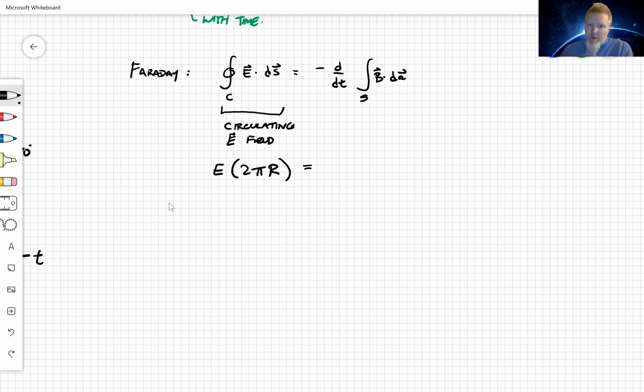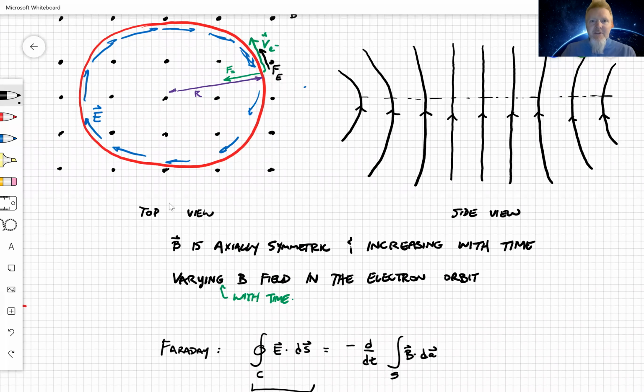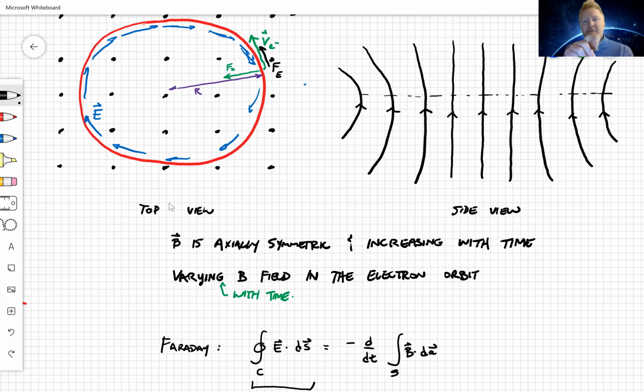So what about this negative time rate of change of B dot dA? In order to really do this flux integral, I would need to know what the function of the field was in space, and whether it is increasing with r. But that is not the focus of this problem.